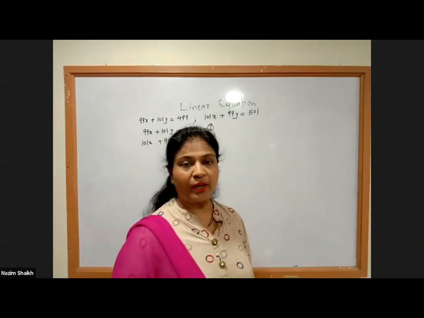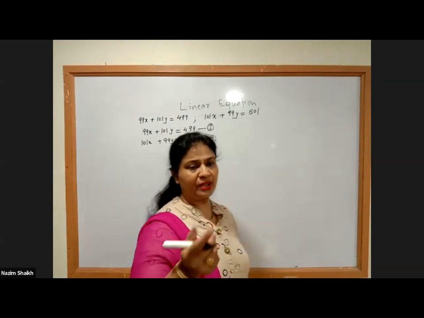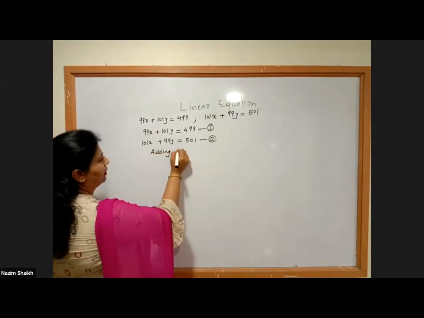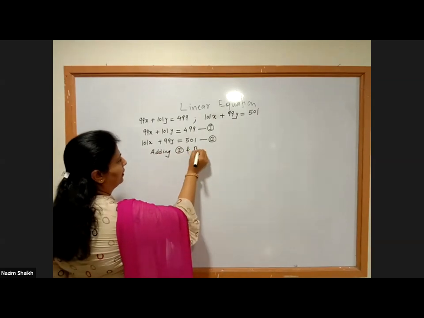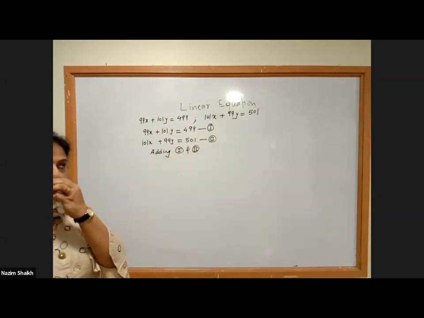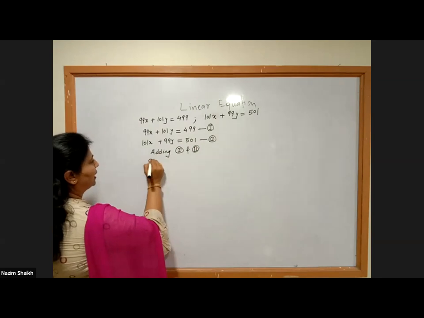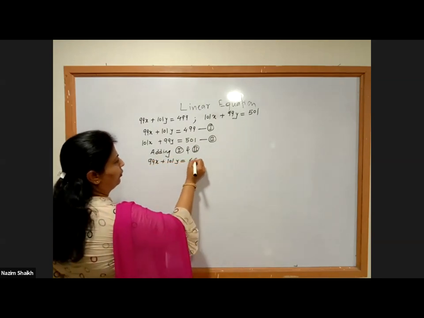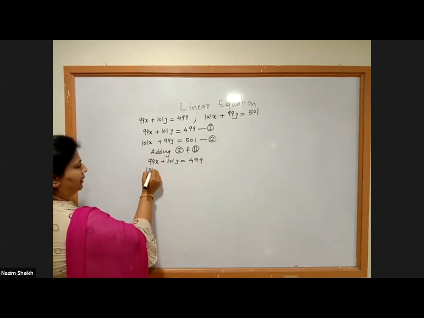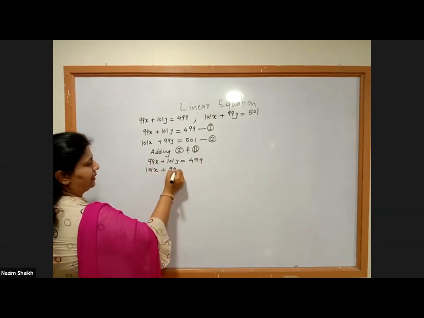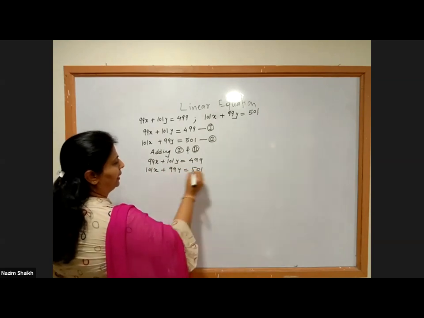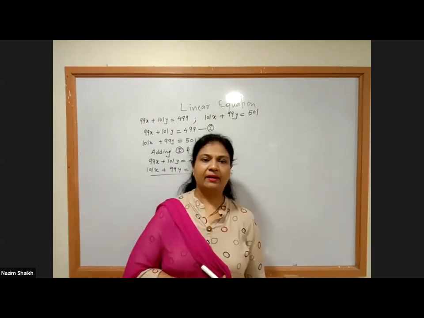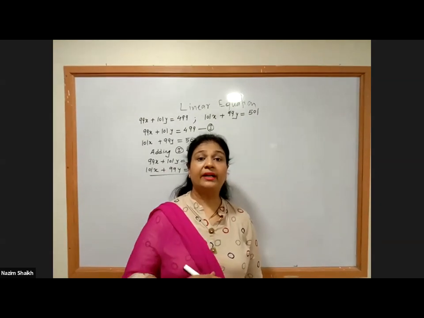Check it out. What am I going to do? I'm going to first add both the equations. So, adding 1 and 2, what will I get? 99x plus 101y equals 499, 101x plus 99y equals 501. And when we add these two, I will generate a new equation.